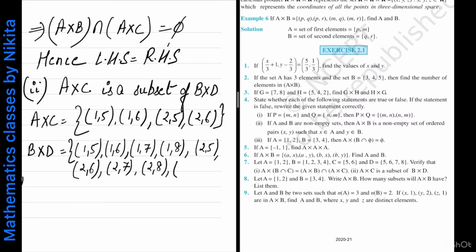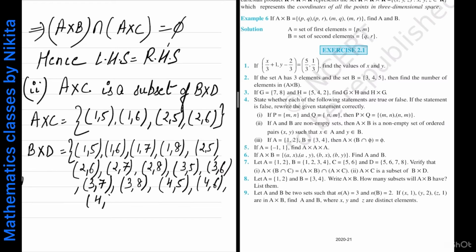Then next will be (3,5), (3,6), (3,7), (3,8). Next we will have (4,5), (4,6), (4,7) and (4,8). So these are your 16 elements.